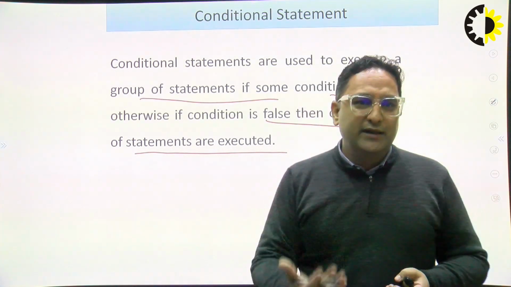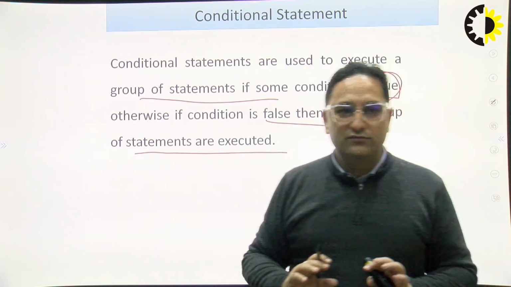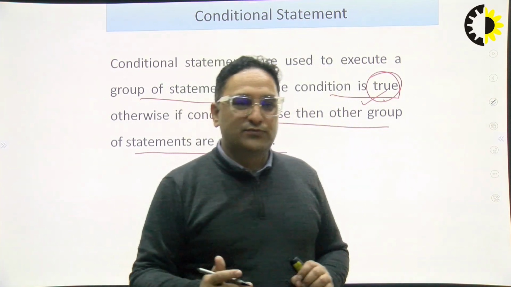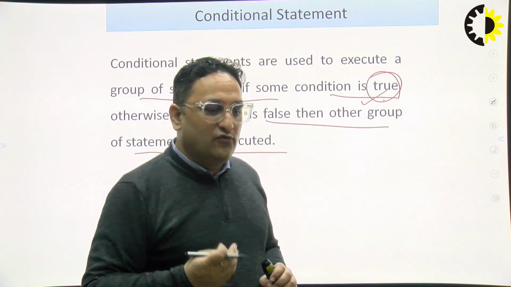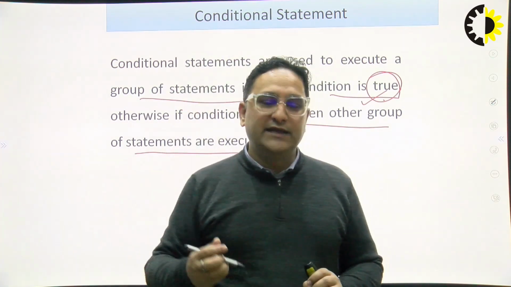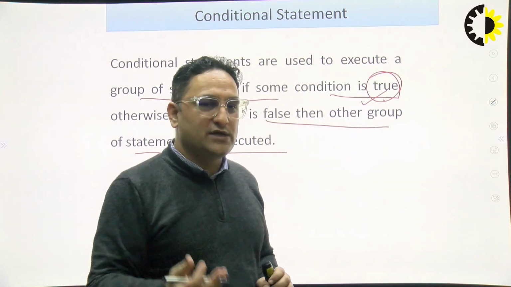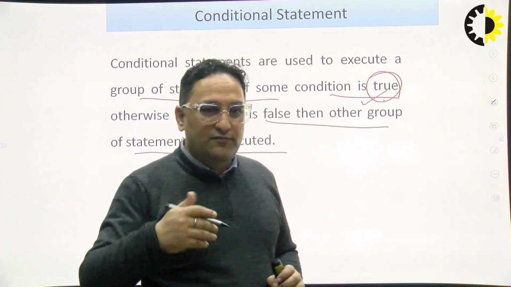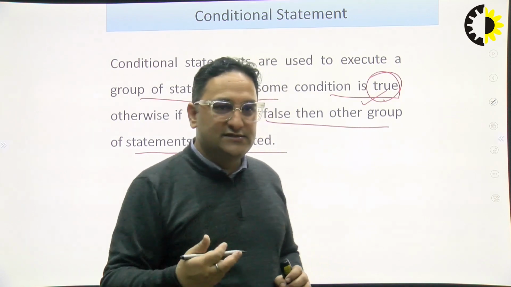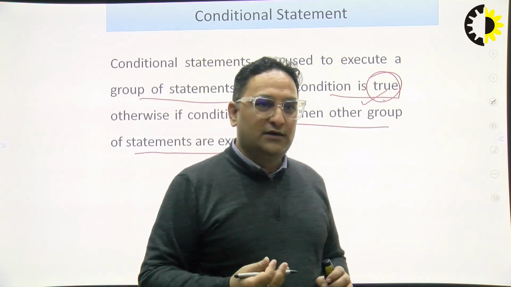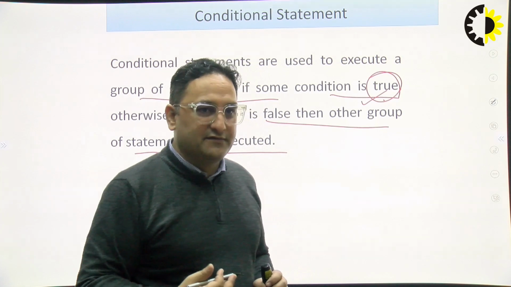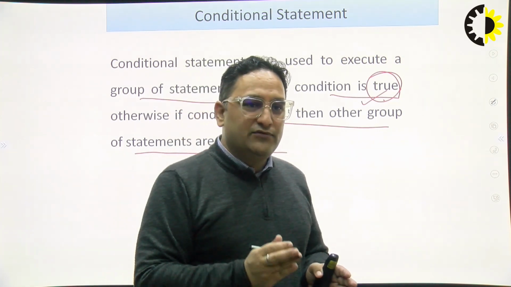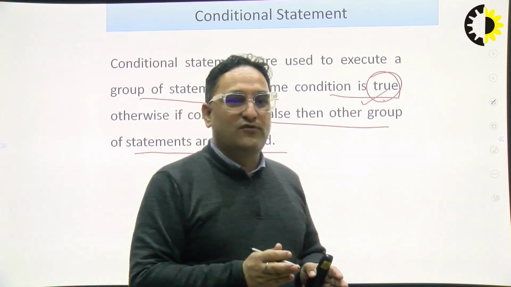In layman's language, let's suppose you are giving an example of going from here to a nearby place. Let's take Noida Sector 18, and I want to explain to someone how to move from here, in this college AKGEC, to Sector 18. To move from here to Sector 18, you can place some condition for that person.